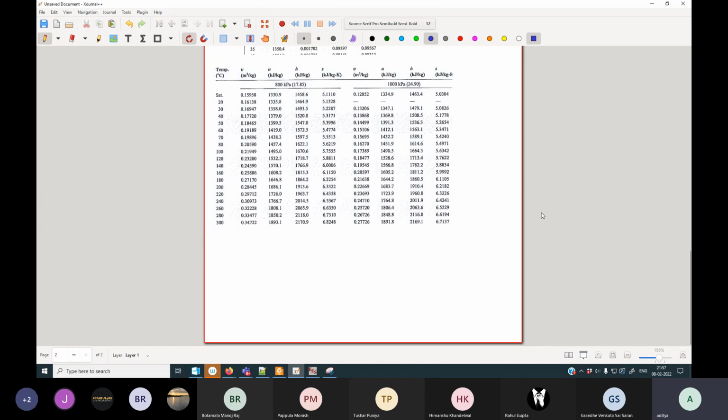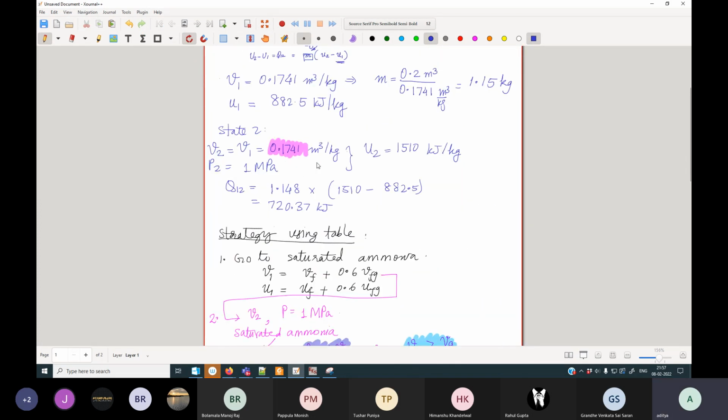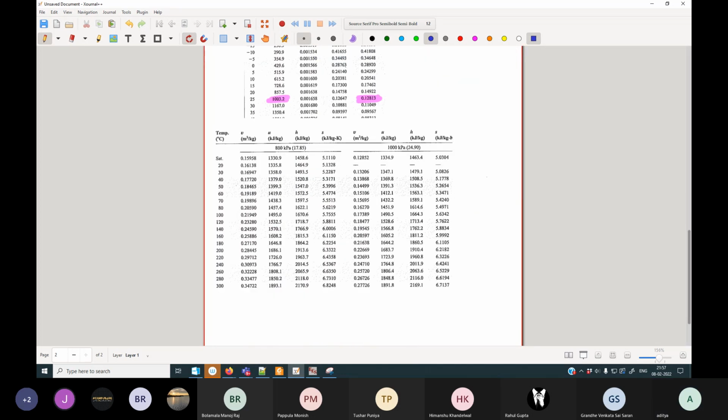Okay, so we are seeking a specific volume of 0.1741, with P equal to 1000 kilopascal. Over here we have V, and 0.1741 should be somewhere between these two points, no?